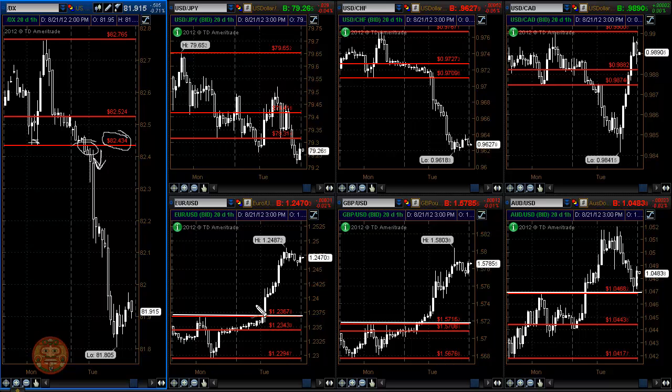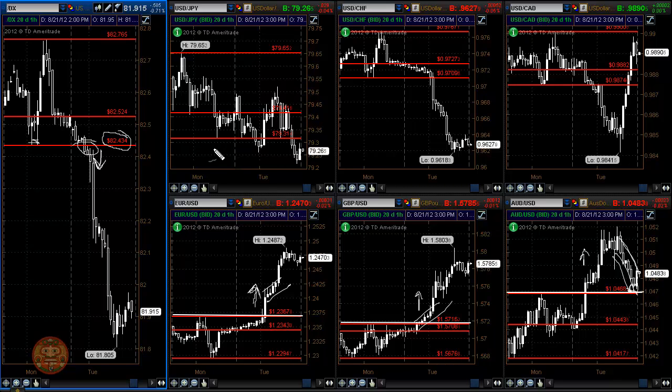Same thing with the euro: it broke out, made a nice big up push, and just continued to move all day long. You have the pound break and go all the way up, and sure enough the Australian dollar too, though the Aussie is the only one that retraced back in to test the previous session high, which we'll talk about a little bit later.